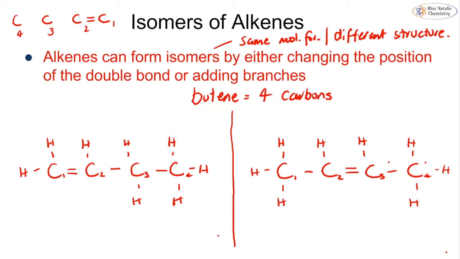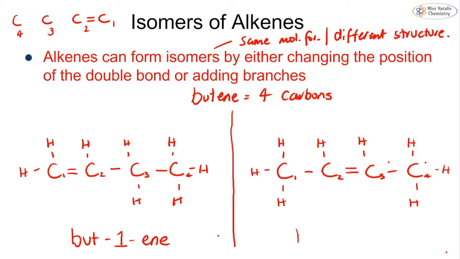So what we do is we specify where the double bond is, and this tells us that they are 2 different substances. And what we do is we write the number in the centre, and we pick the lower of the 2 numbers. So if the carbon is between 1 and 2, we pick the 1, and this now becomes but-1-ene, telling me that my double bond is between carbons 1 and 2.